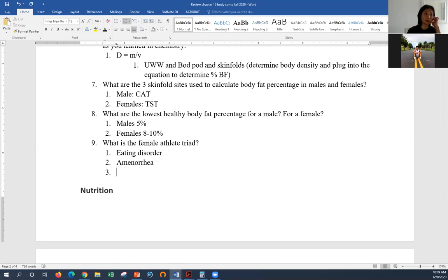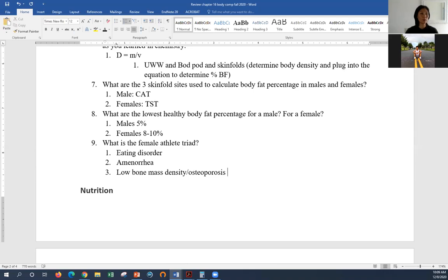It doesn't have to be complete absence. It could just be irregular menses. And the last thing being low bone mass density or osteoporosis.